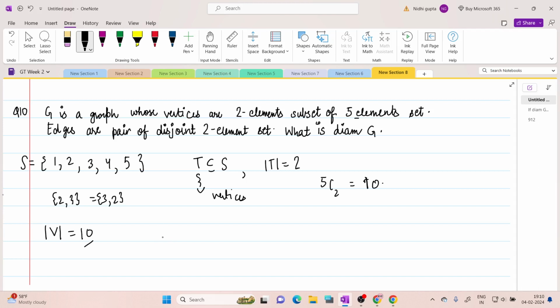So now can you say what will be the degree of V1? Suppose my V1 is {1, 2}. So what vertices are adjacent to V1?